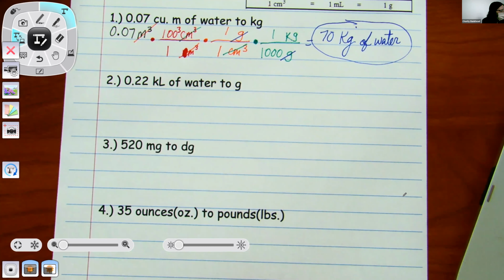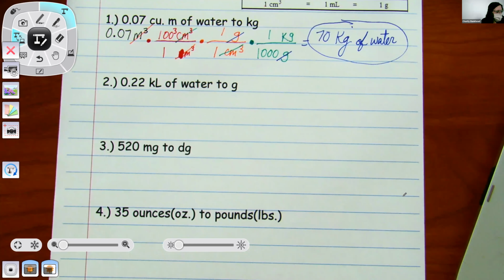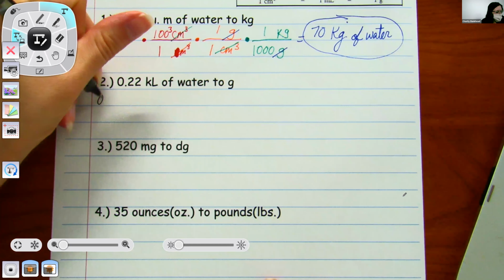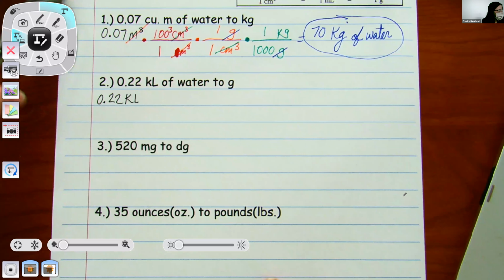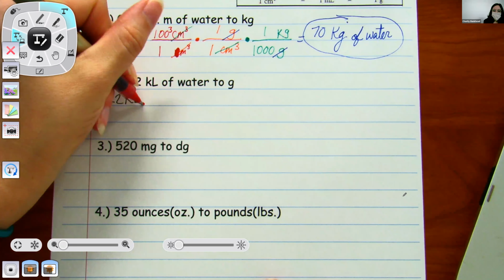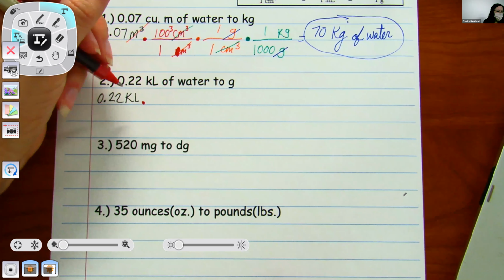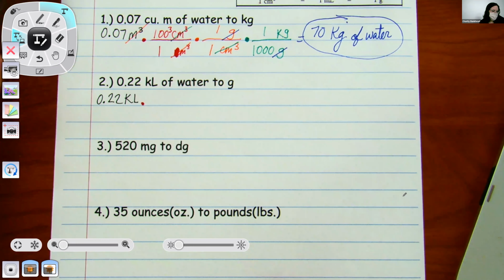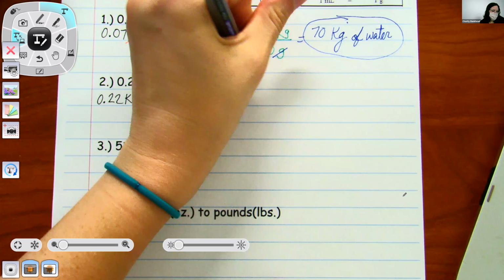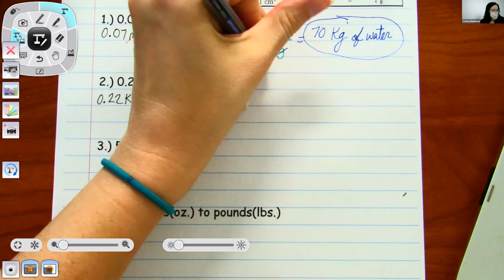Number 2. So we have 0.22 kiloliters of water, and we need to convert that to milliliters. We could do that using our King Henry died by drinking chocolate milk.